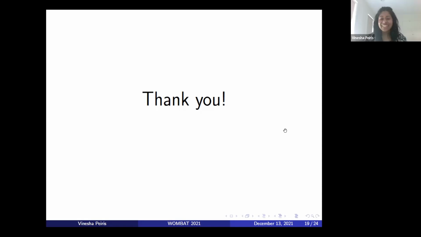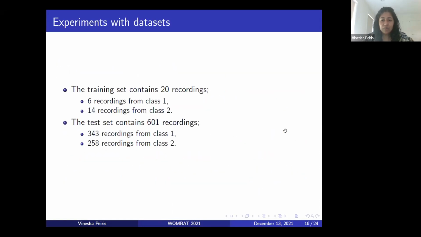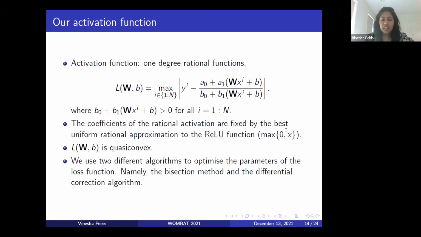What do you think? Well, I think I should agree. I think this is a better choice than the ReLU function. But at the same time, previous researchers who used rational functions as activation functions did not fix these coefficients.